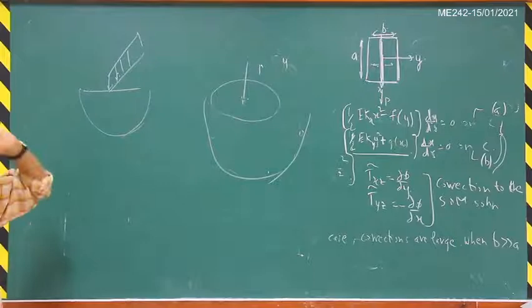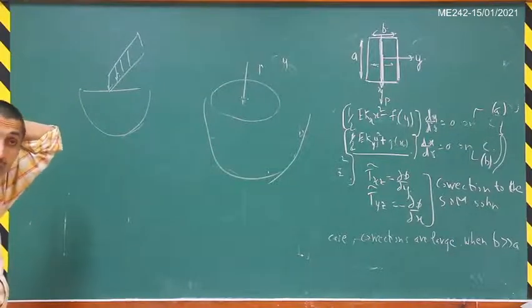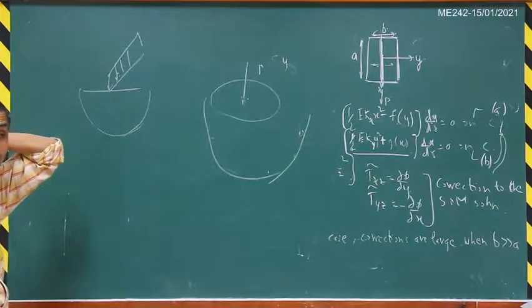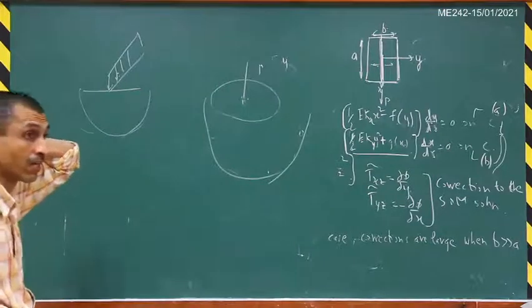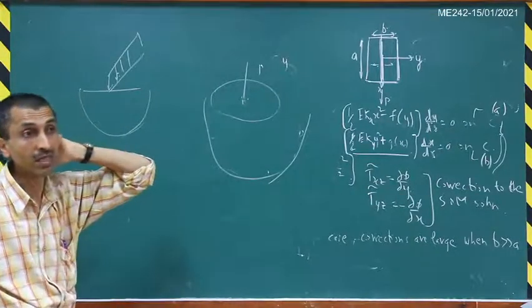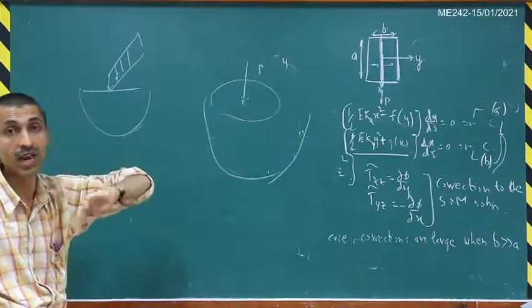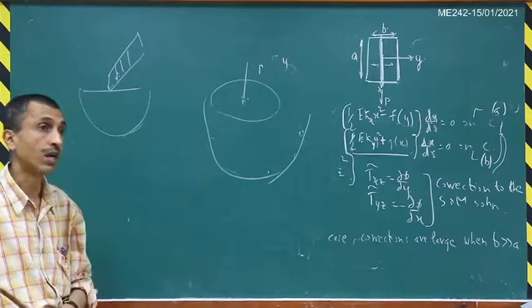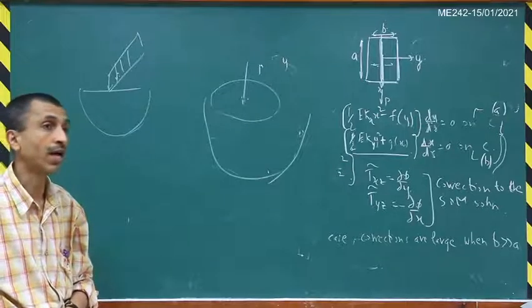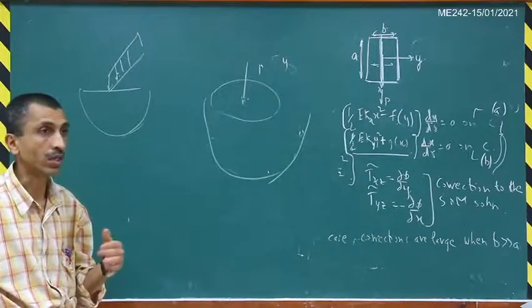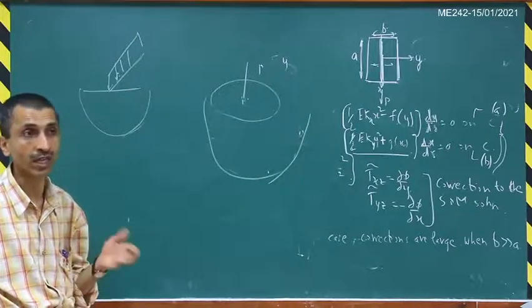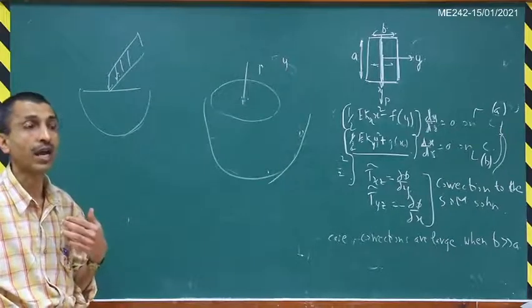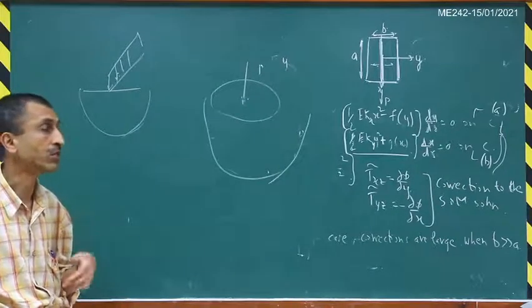Another class of problems that we did not touch upon at all is transient solutions. Okay, so that is also another very, very important topic. In this course we just considered static solutions, but transient solutions also are very important. There are different types of waves, dilatational waves, shear waves, and corresponding wave speeds.